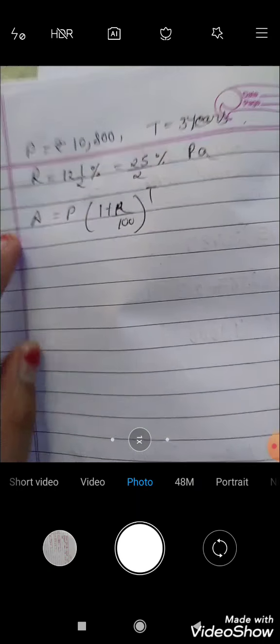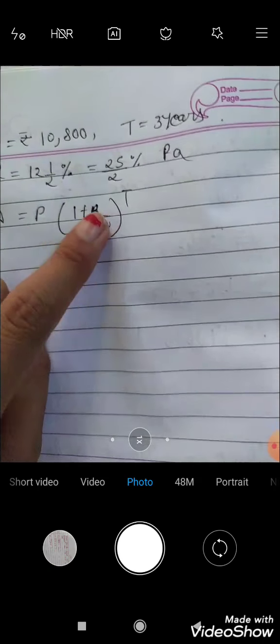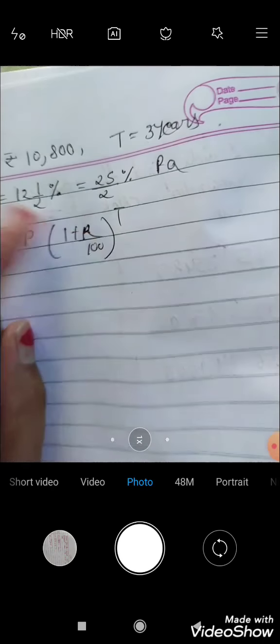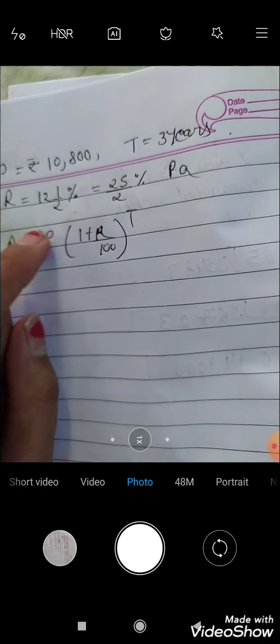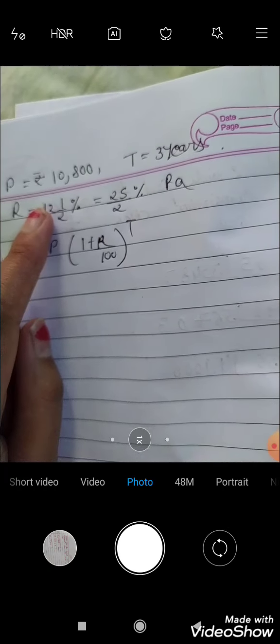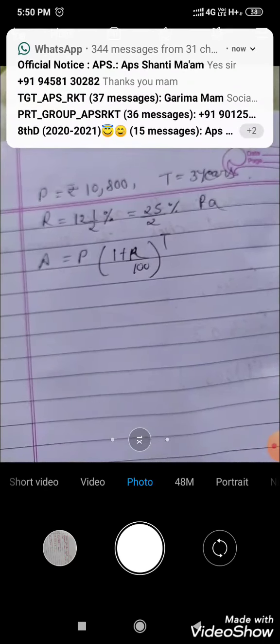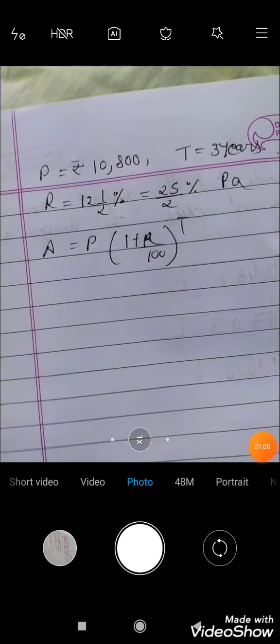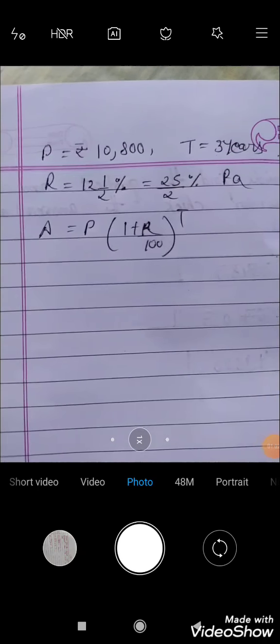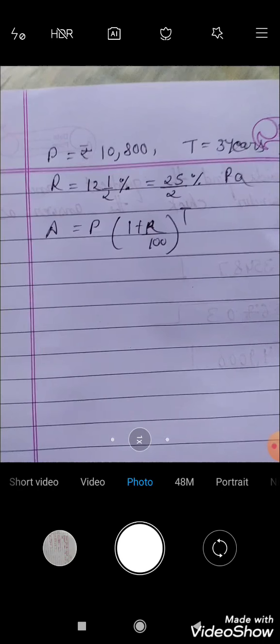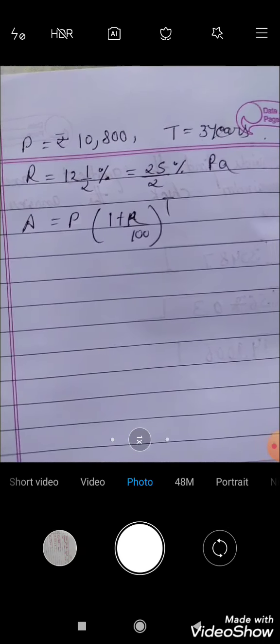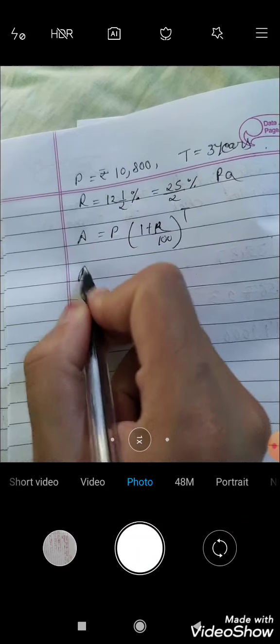First we reduce this mixed fraction into an improper fraction. So we have 25 upon 2% per annum. It is the rate, and the formula for calculating amount is A is equal to P times 1 plus R upon 100, whole power T. First we put in all the values from the question.